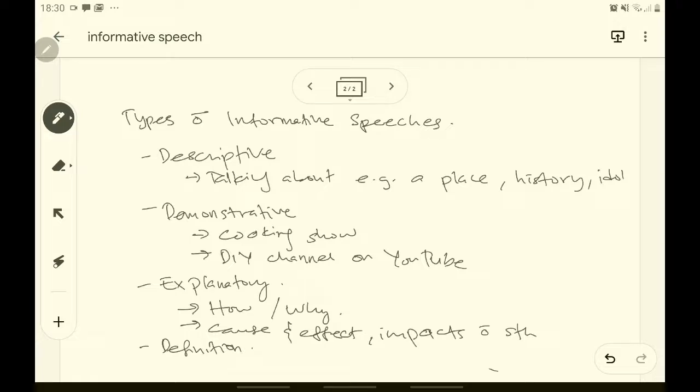A definition speech is a speech where you describe a theory or a concept of something. For example, you want to talk about stress management, so you define the concept, what is stress management, and maybe you want to talk about the theory that is related to stress management.